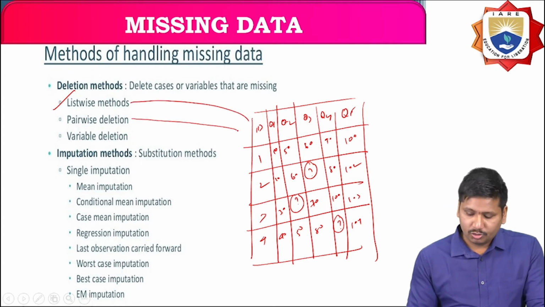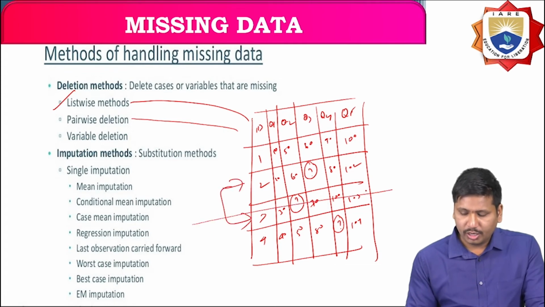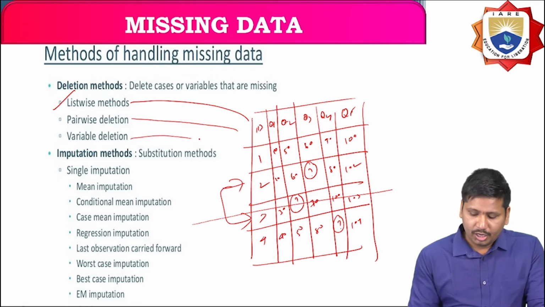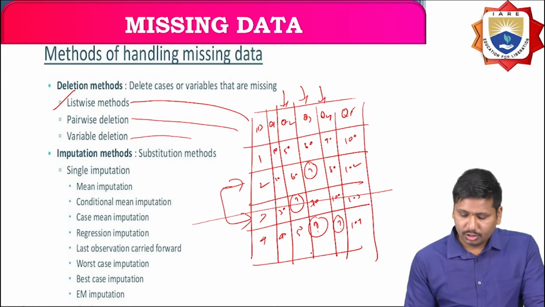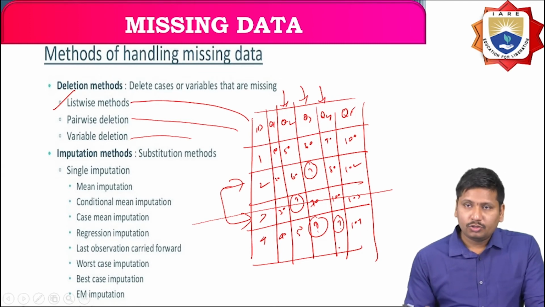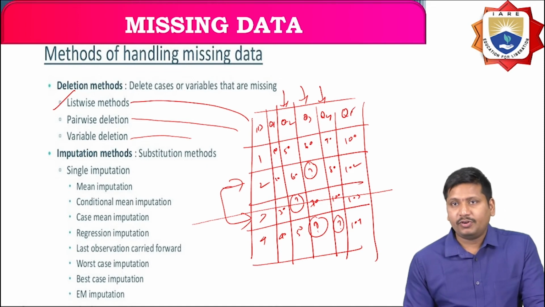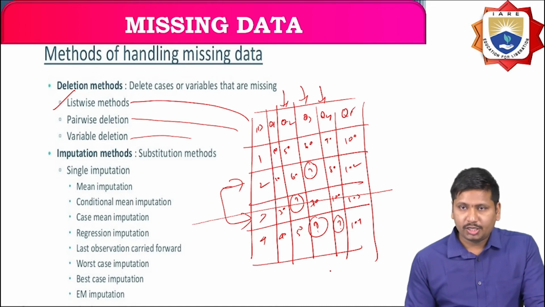Pairwise deletion means when I have missing values in two consecutive rows, I delete one of the missing data. And variable deletion means, suppose here also I have missing data, for variables Q2, Q3, and Q4. Among these I have to identify which variable has less importance according to the application.